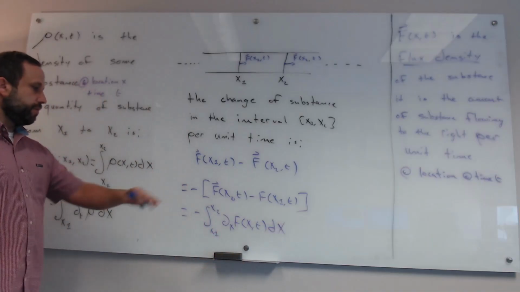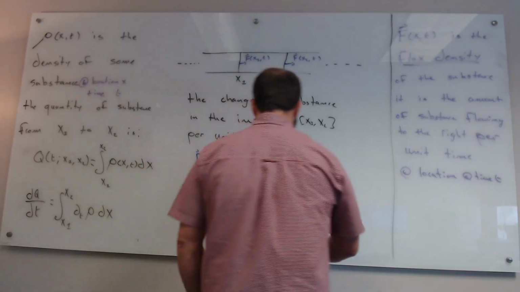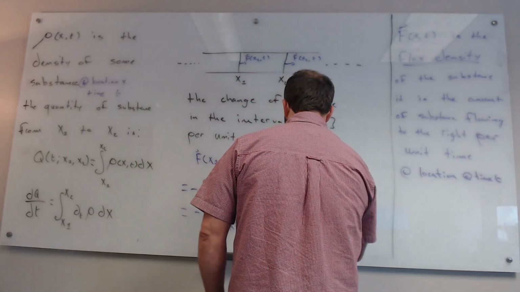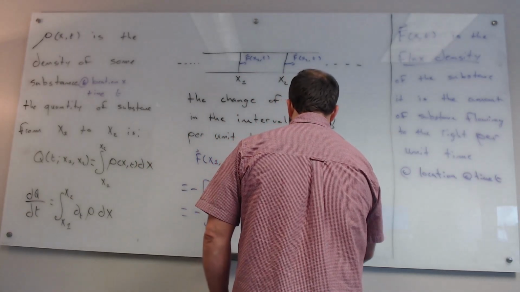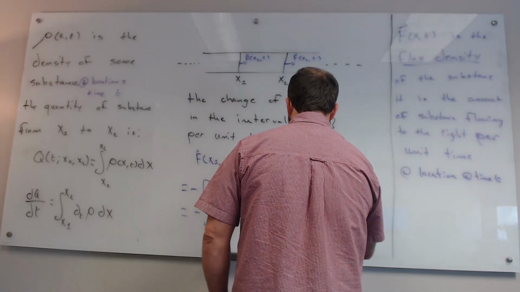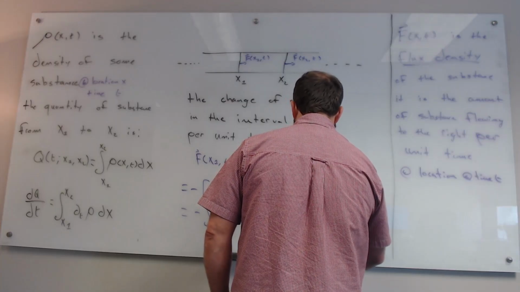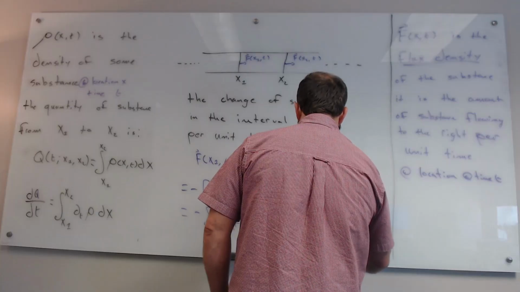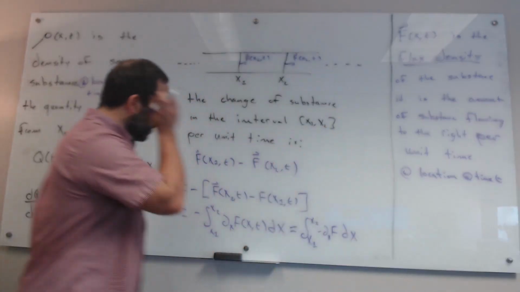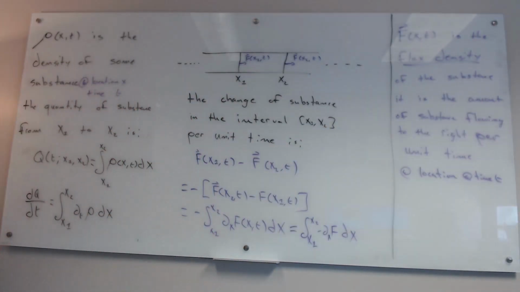And then I can just move the minus sign on the inside. And this is equal to the integral from x1 to x2 of minus the x derivative of f. Okay, but that's also dq dt.